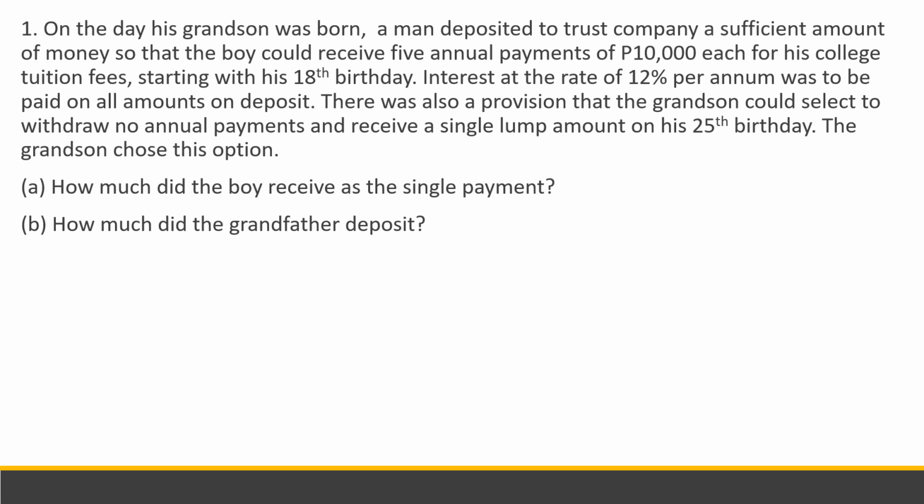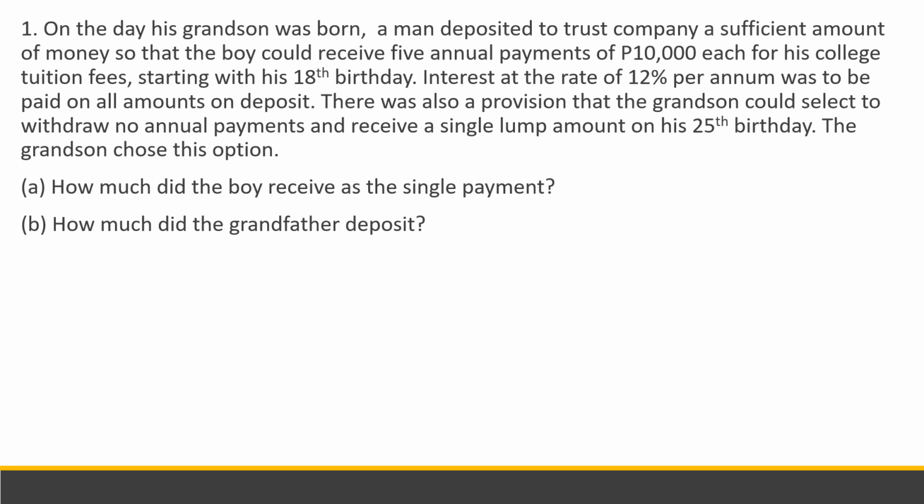So a man daw, so the grandfather here deposited an unknown amount of money, so that the moment his grandson was born, para at his 18th birthday, and 5 years from his 18th birthday, so 18th, 19th, 20th, 21st, and 22nd birthday, meron siyang 5 annual payments of 10,000 pesos each year for his college fees.